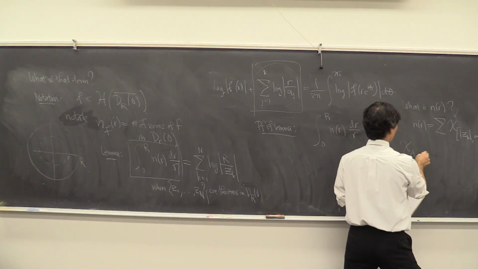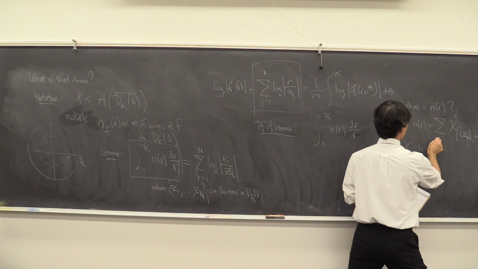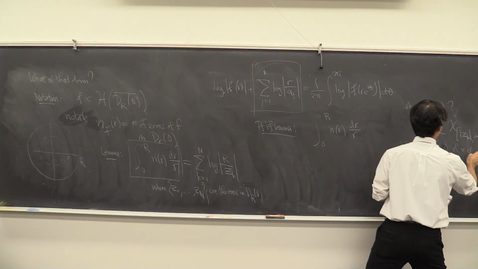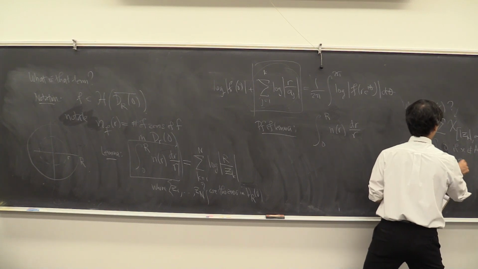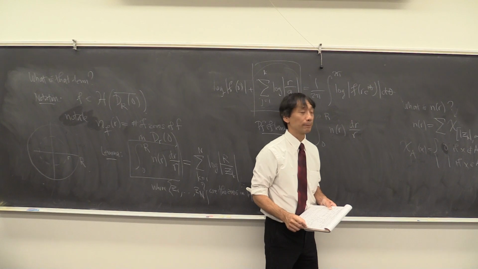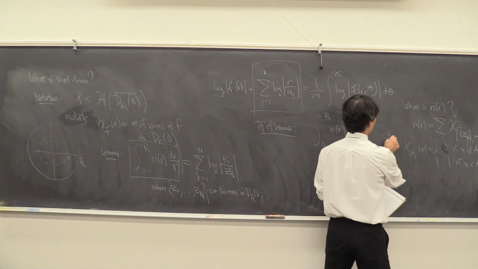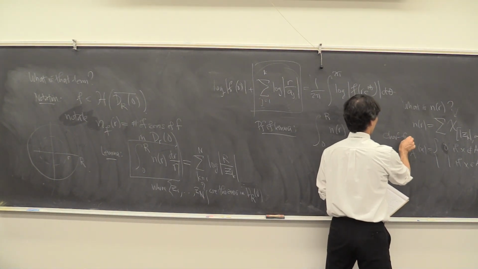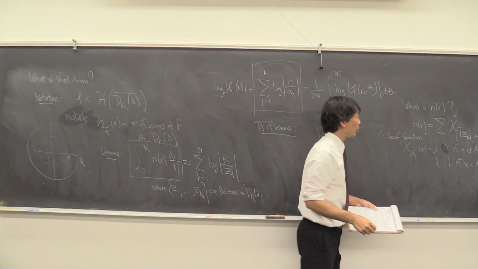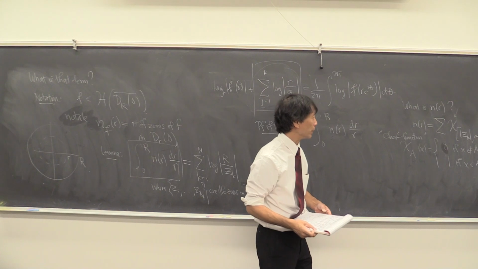When I say the characteristic function of A, it means you get 0 if x is not in A, and it's 1 if x is in A. Sometimes it's called an indicator function.